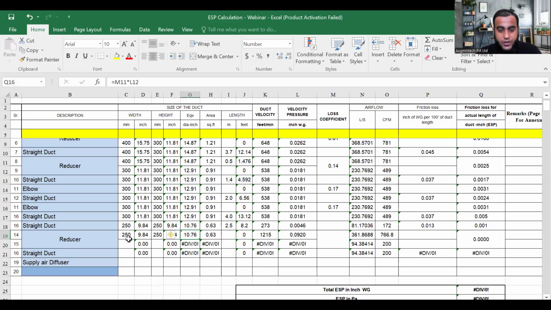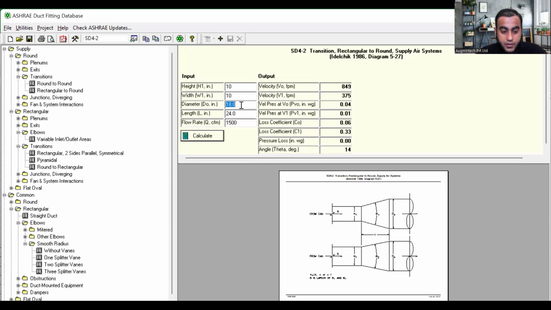Okay, what is the formula? So from that formula only, the equivalent diameter is here, 10.76 inches. Okay, write down 10.76 inches. Length of that connector is how much in feet?